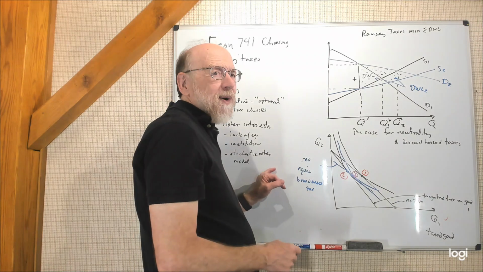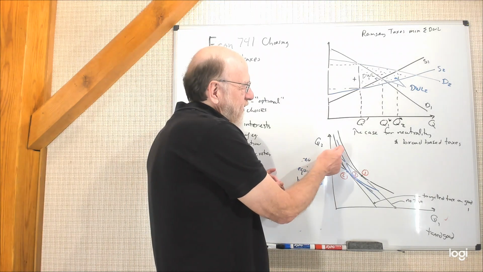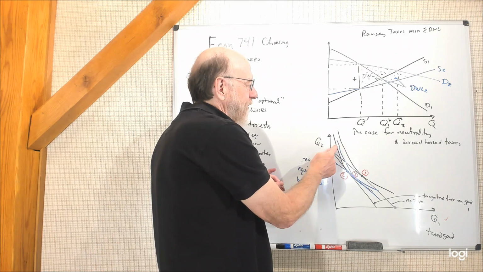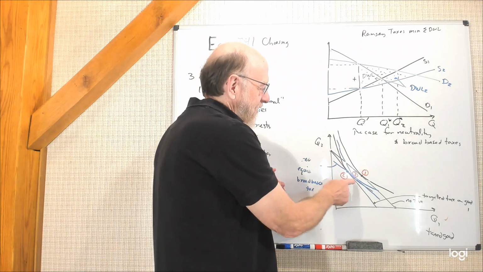So the excess burden in this case is the difference between the utility of this blue indifference curve that goes through point 3 and the black indifference curve that's tangent to the second budget line.